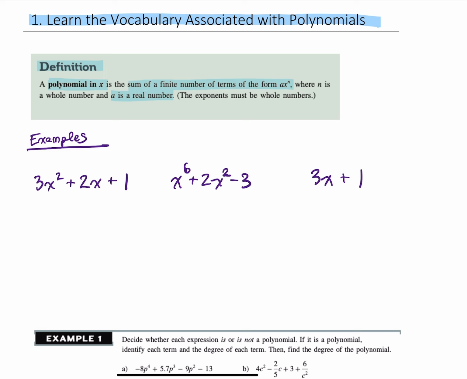These would all be examples of polynomials. You have the sum or difference, so plus or minus, in between a bunch of terms that look like some number times our variable x raised to some power.